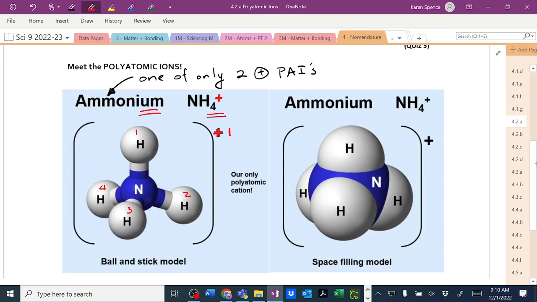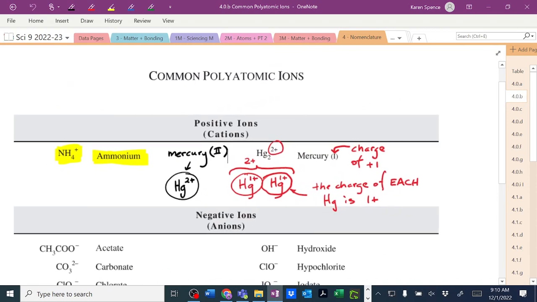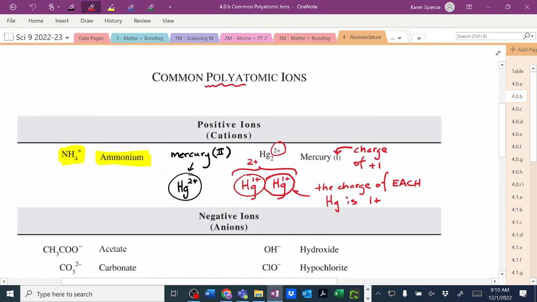So if we look on our chart, these are our common polyatomic ions. And I tend to abbreviate that as PAI, polyatomic ions. And one positive polyatomic ion is NH4+, which is ammonium.